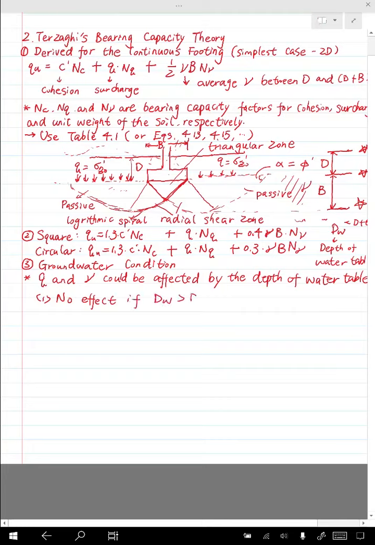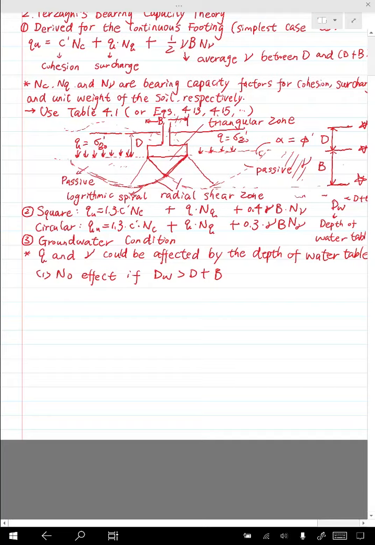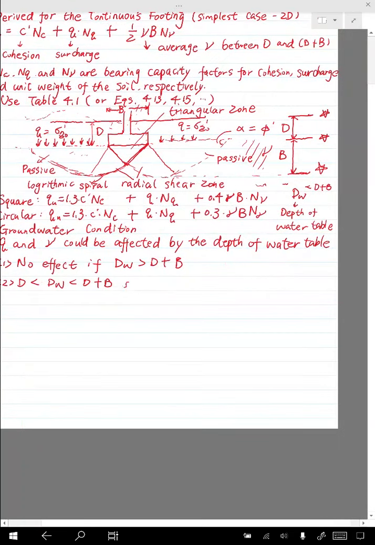Second condition, so what will happen if dW is between D and D plus B? Will it affect the Q, the effective stress here? No, right? So the second condition, if dW is greater than D but is smaller than D plus B, in that case, first Q is not affected.